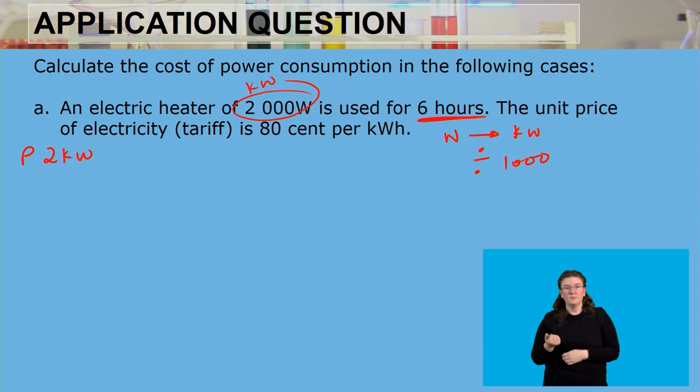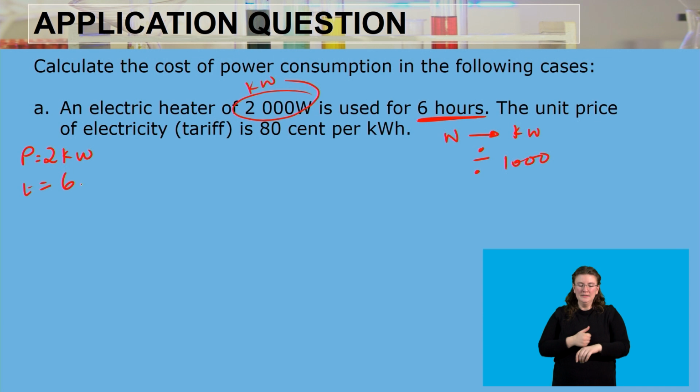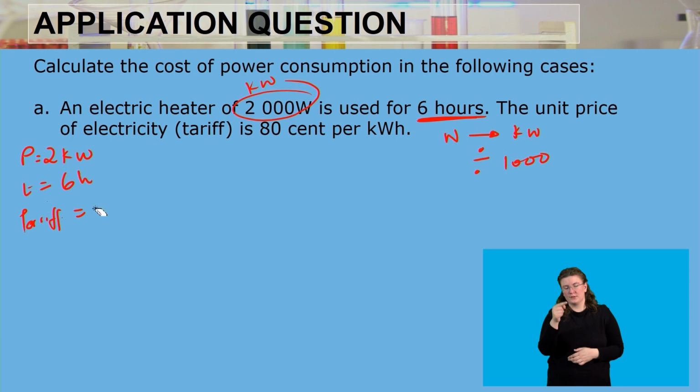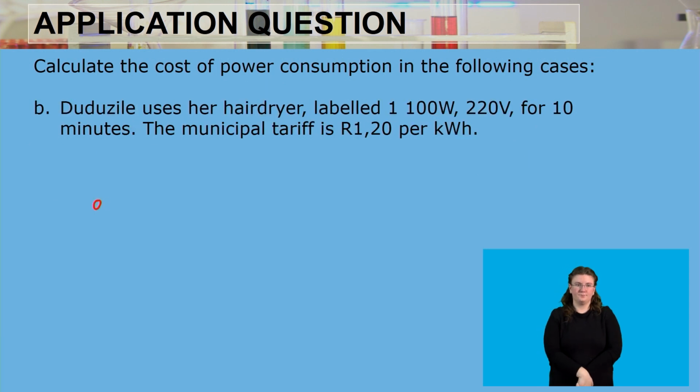And then we have time. So power is 2 kilowatts. Our time is given as 6 hours. And then the tariff is 80 cents, so it's 0.8.